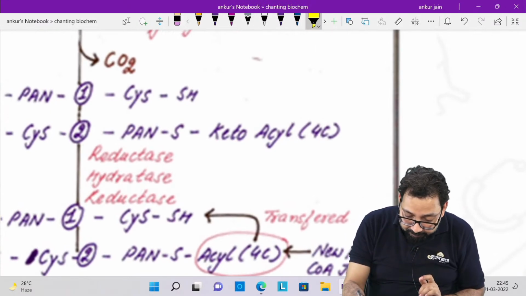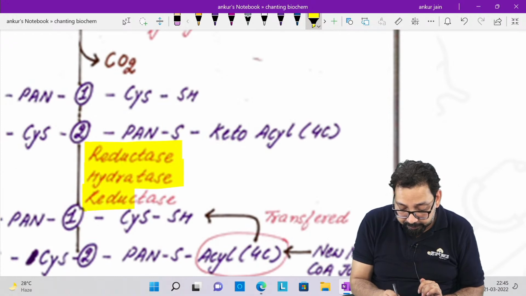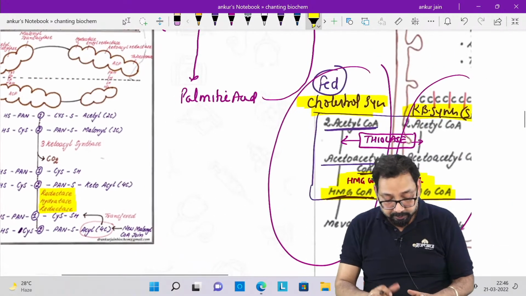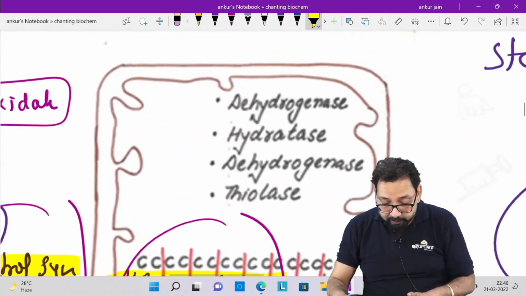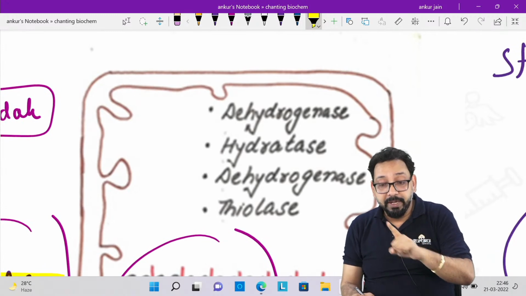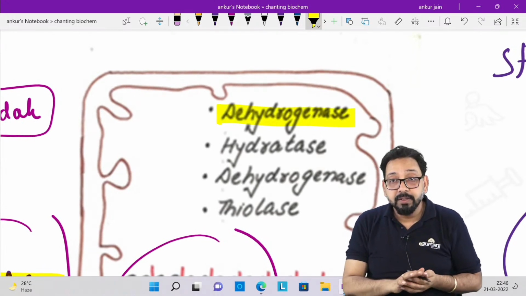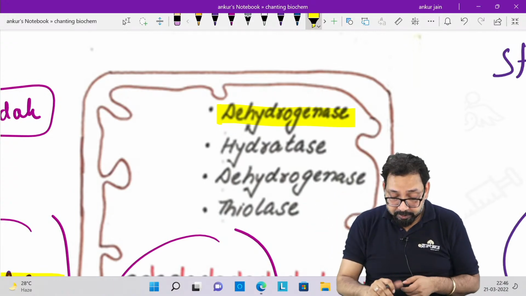Fatty acid synthesis, the sequence of enzyme is reductase, hydratase, reductase. While in beta oxidation, what is the opposite of reductase? Dehydrogenase. Reduction, dehydrogenase means oxidation.